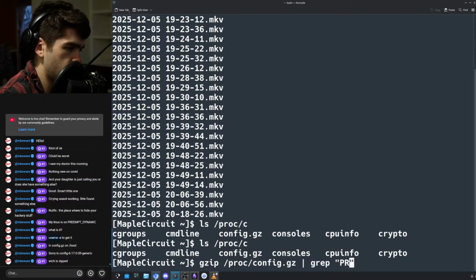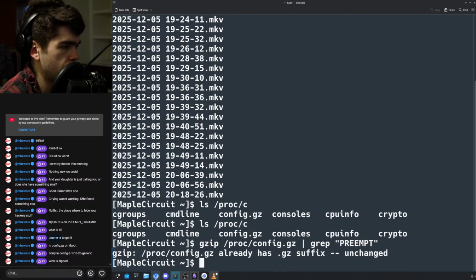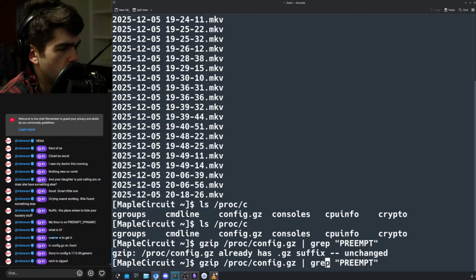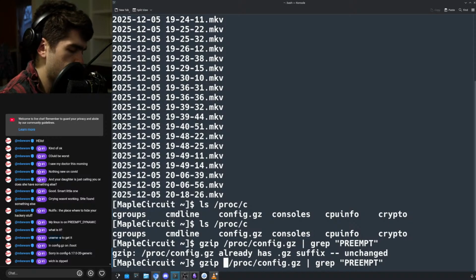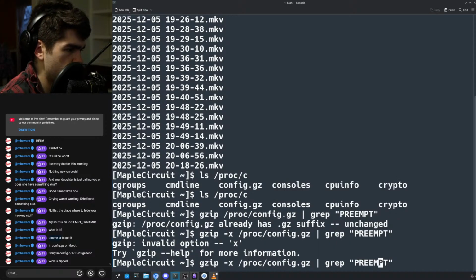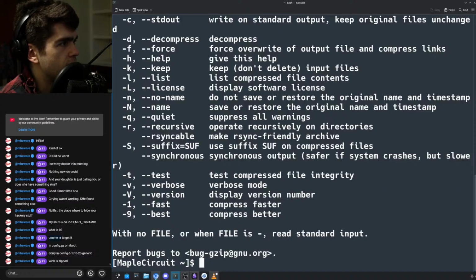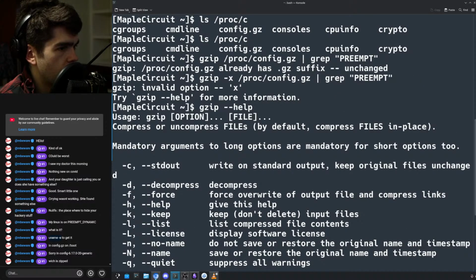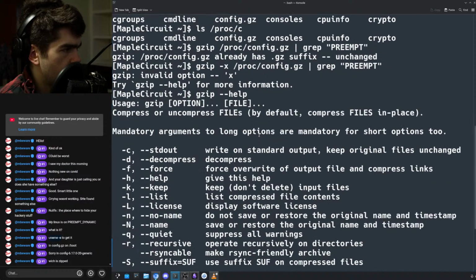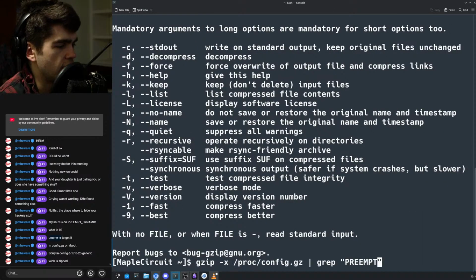We're trying to do preempt. Oh my god, I hate this. I hate the command line so much these days. Oh, it's -D, of course.